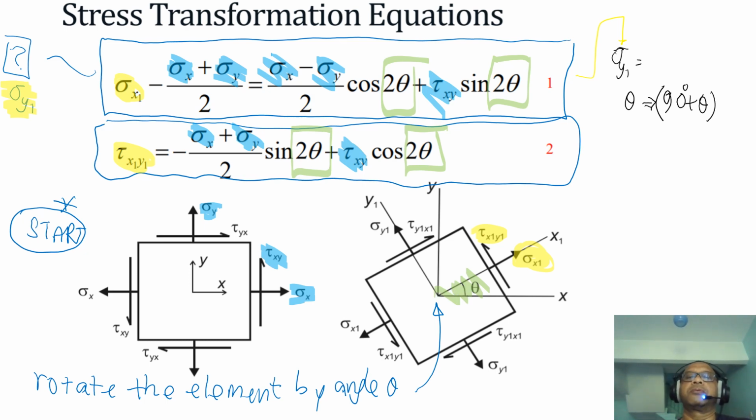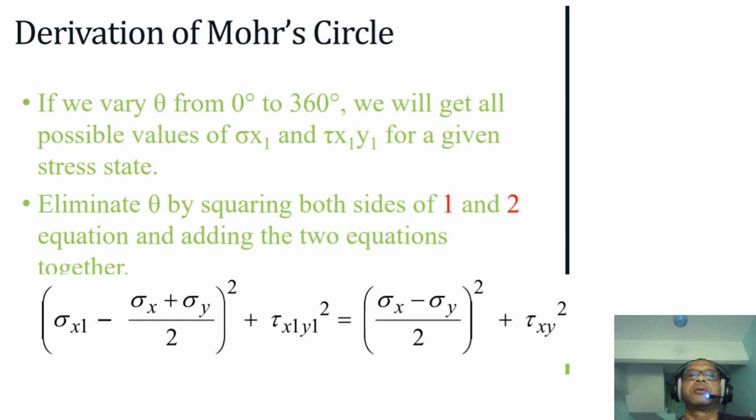Okay, so the derivation of the Mohr circle is based on the equations before, number 1 and number 2. If we vary theta from 0 degrees to 360 degrees, we will get all possible values of sigma x1 and tau x1y1 for a given stress state.